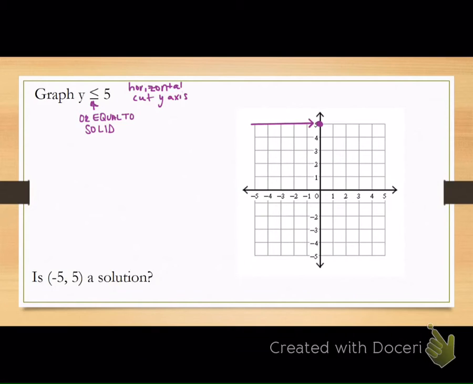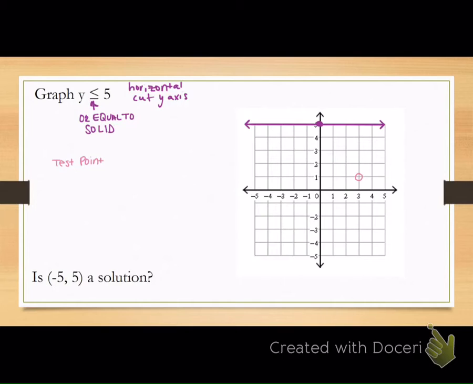Please ask questions if you are confused how I'm getting these solid lines, dashed lines, shading, any of that business. Tanari, what test point do you want to do this time? 3, 1.